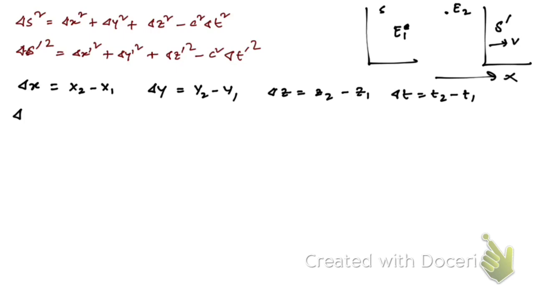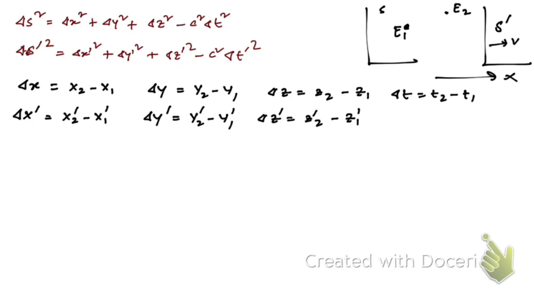Similarly, del X dash is x2 dash minus x1 dash, del Y dash is y2 dash minus y1 dash, del Z dash is z2 dash minus z1 dash, and del T dash is t2 dash minus t1 dash. Hope you have understood this.